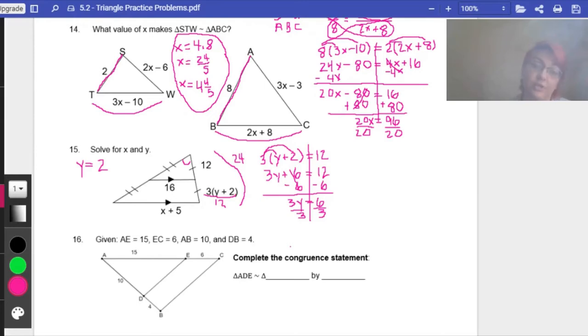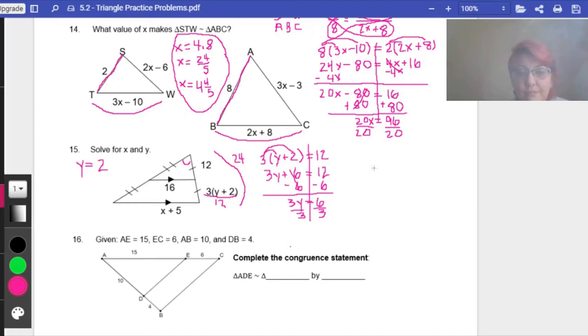which means that those sides are in proportion. So I have two sets of proportional sides, and a reflexive angle between them, these triangles are similar by side angle side. And that lets me set up a proportion to solve for these.